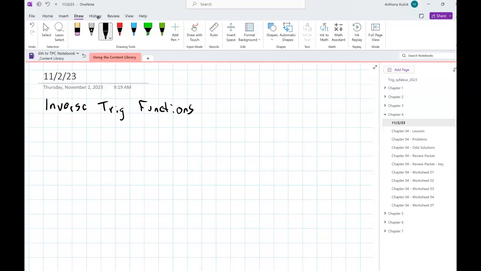So we're going to start here talking about inverse trig functions in 4.1. Before we start talking about inverse trig functions, let's refresh our memory about what we meant by an inverse function. This was something we talked about at the beginning of the year in chapter 1.